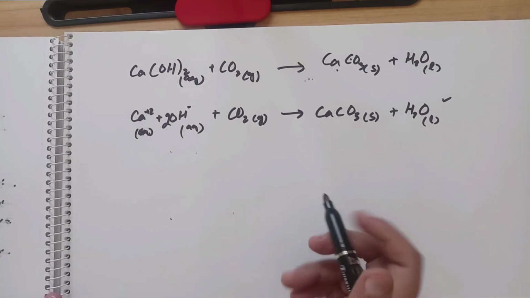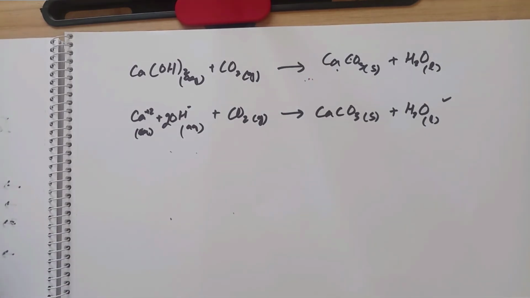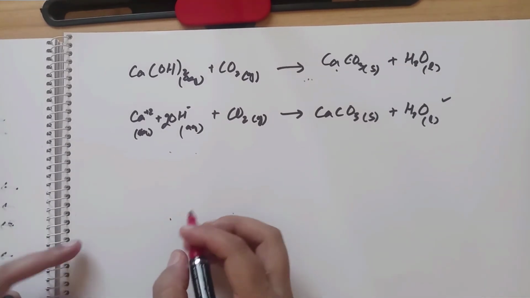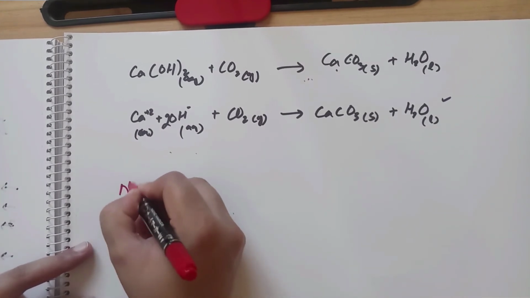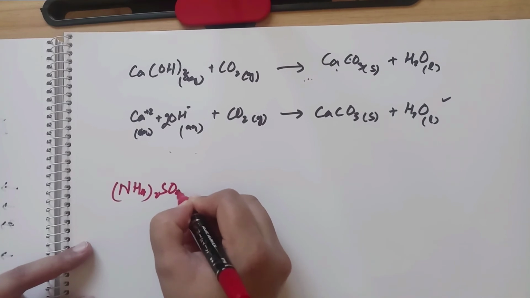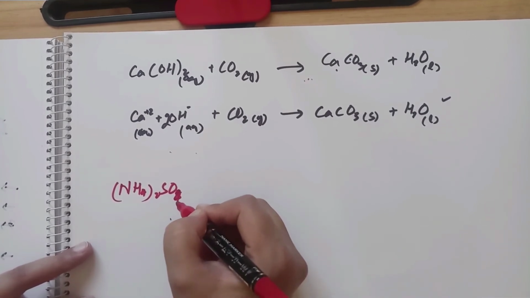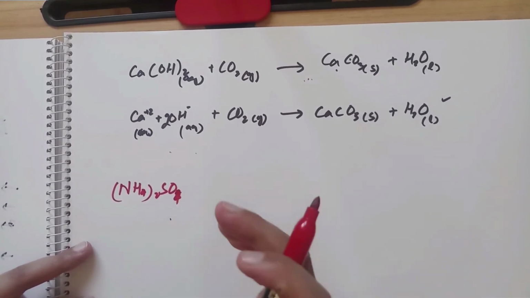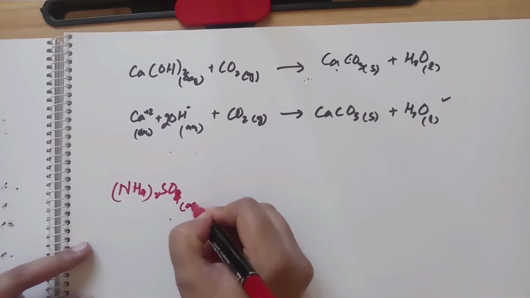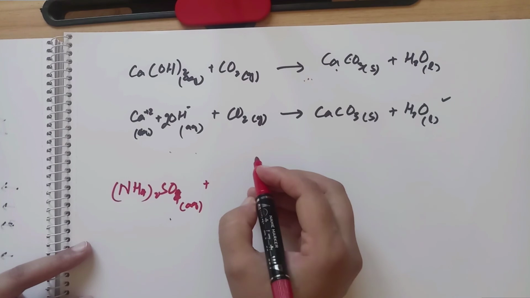For example, the aqueous solution of ammonium sulfate. The ammonium sulfate formula is (NH4)2SO4. Take an aqueous solution of ammonium sulfate and sodium hydroxide. So they are present in an aqueous state. Sodium hydroxide.